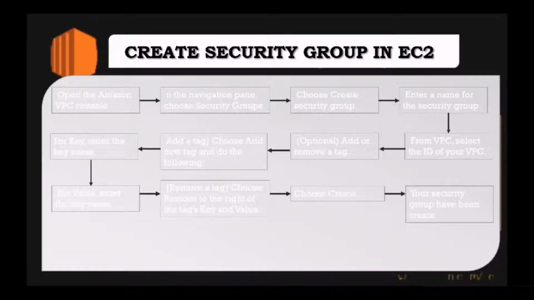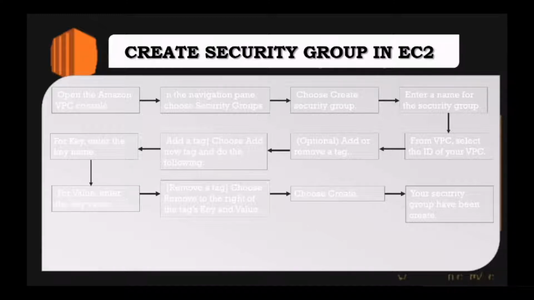And this is how to create a security group in EC2. First, open the Amazon VPC console, and in the navigation pane, choose Security Groups and then choose Create security group. Enter the name for the security group. For VPC, select the ID of your VPC. Optionally, add or remove a tag.